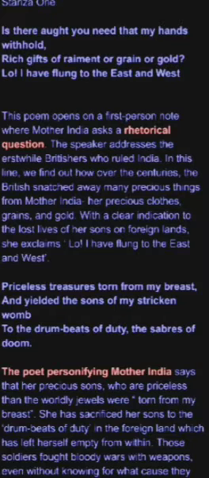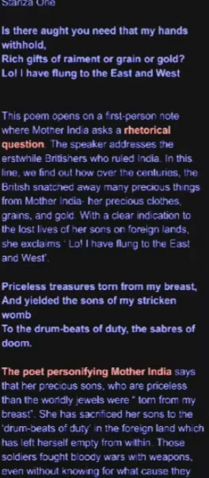Now, dear learners, I have already highlighted the main points which you need to stress on. The poem starts with a rhetorical question. The speaker addresses the Britishers who ruled over India for almost 200 years.